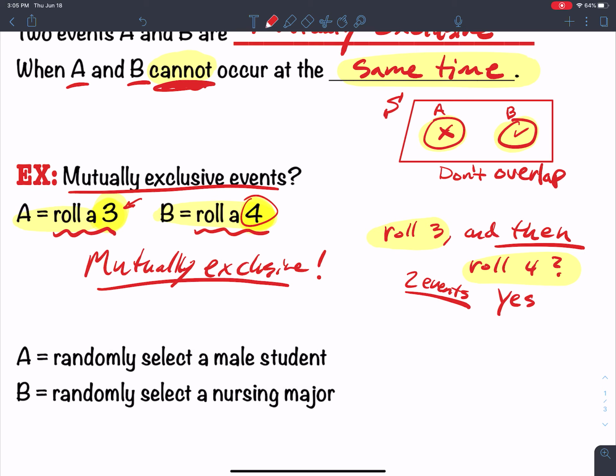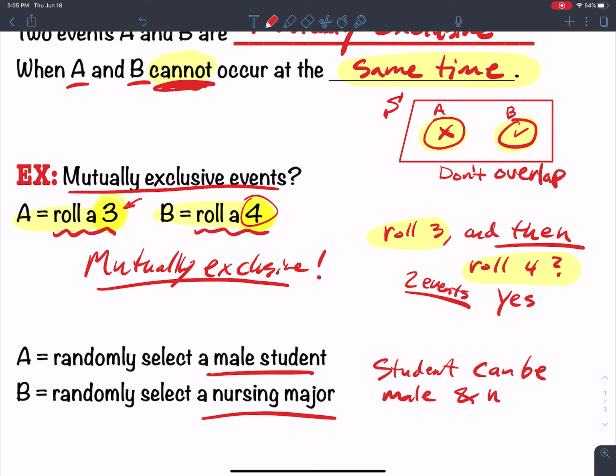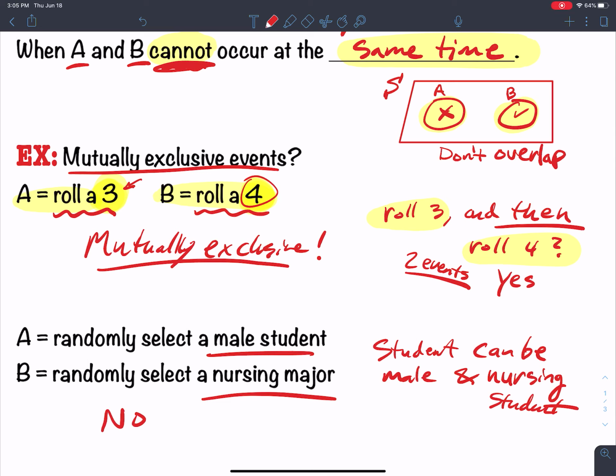Here's another example. Randomly select a male student and randomly select a nursing major. Are those mutually exclusive events? Well, a student can be male and a nursing student, believe it or not. Therefore, they are not mutually exclusive.